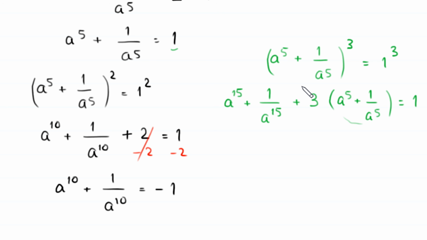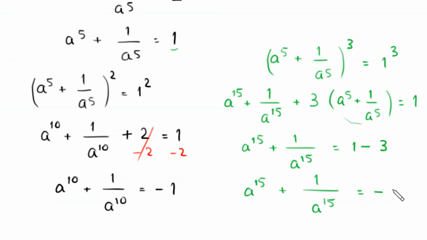Move this 3 to the right hand side. This will become a to the power 15 plus 1 over a to the power 15 equal to negative 1 plus 3. And further simplify, this will become a to the power 15 plus 1 over a to the power 15 equal to 2.